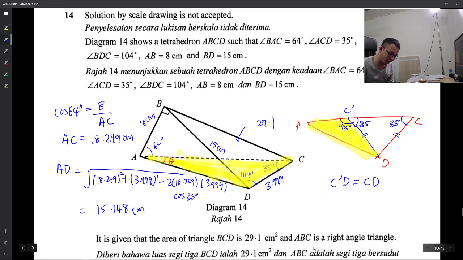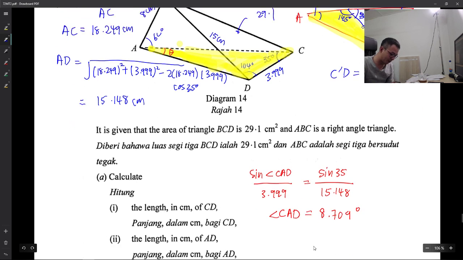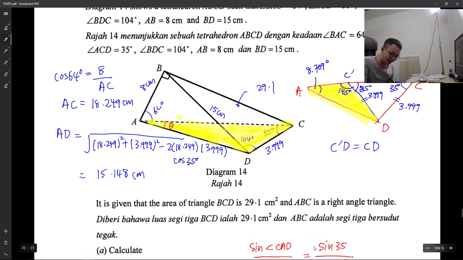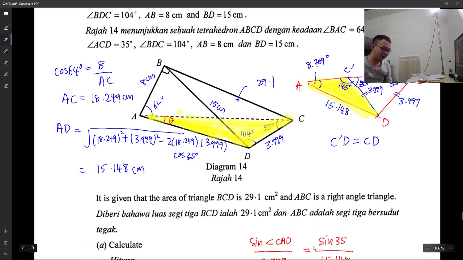And CD will be 3.999, so here will be 3.999 as well. And then we just found out this angle is 8.709 degrees. What else information do we have? We have the length of AD, which is 15.148. Okay, this is all the information I have.